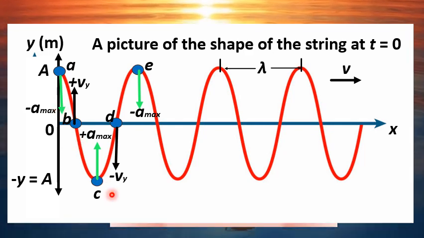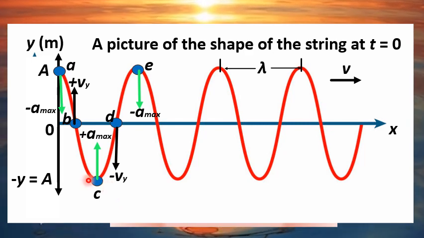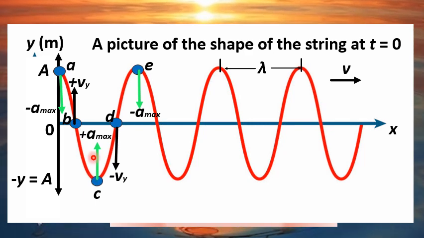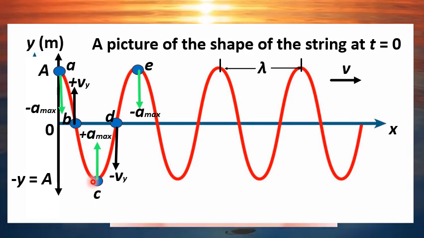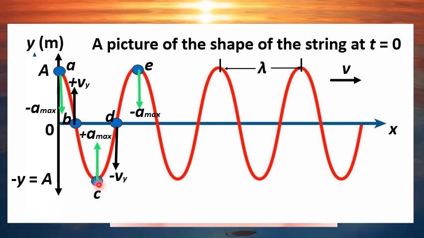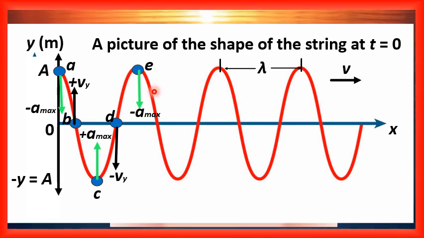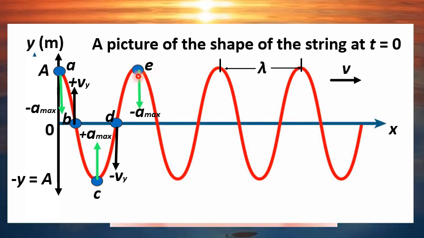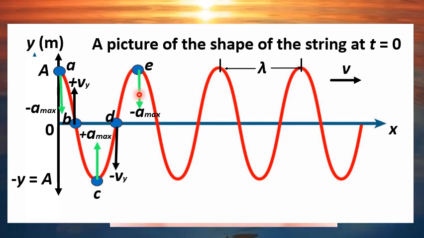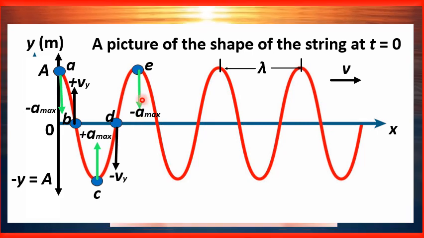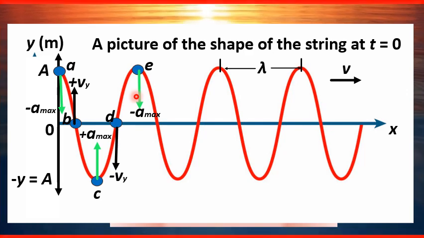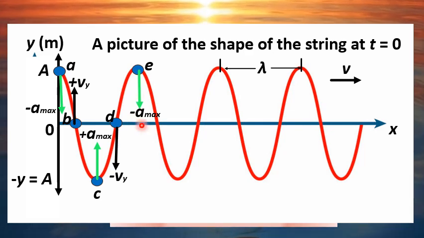For particle C, which is at its maximum negative displacement, its acceleration, which is also maximum, is directed towards the equilibrium position, but upward. And particle E, at the maximum positive y displacement, has its maximum acceleration directed in the negative direction towards the equilibrium position.